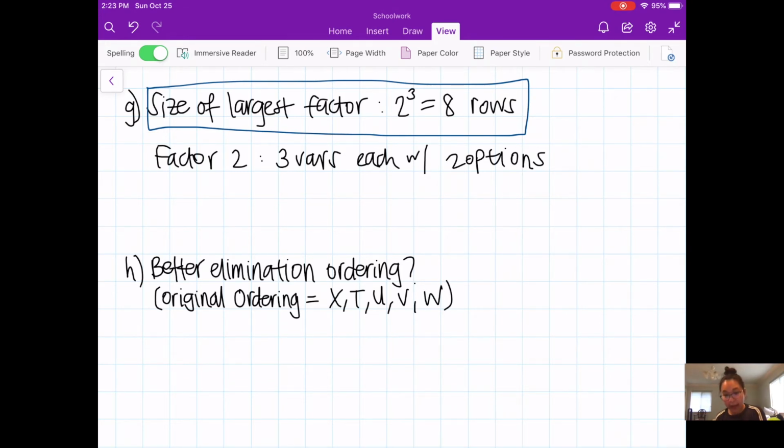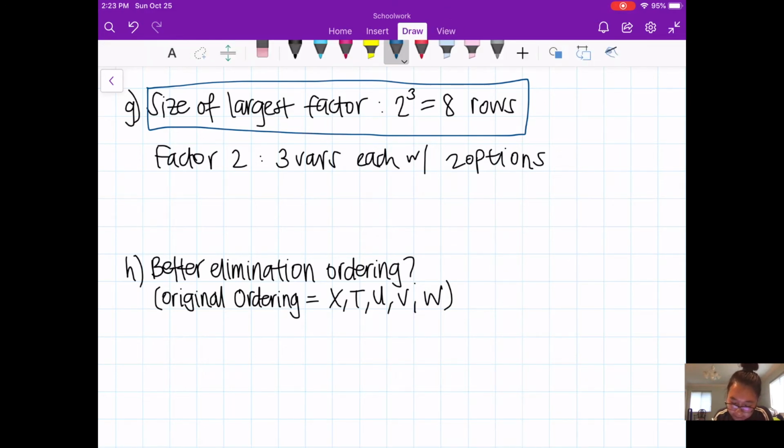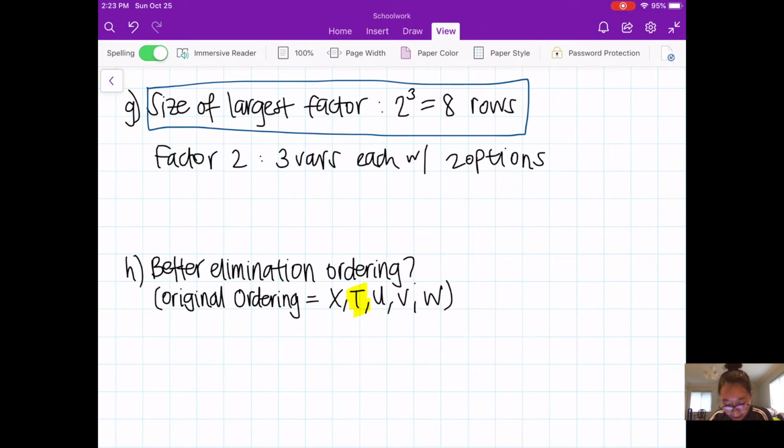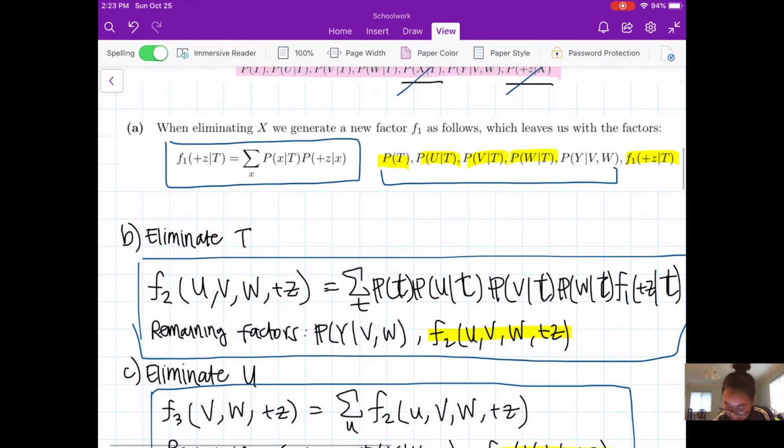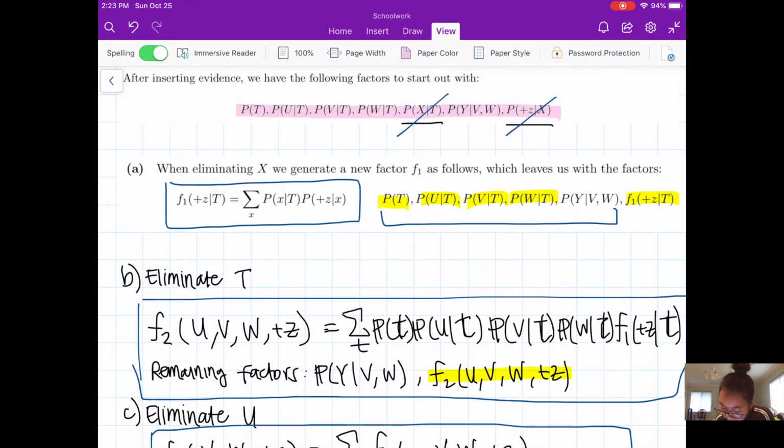And this subpart is essentially asking for what ordering will allow you to do this. So usually when I get these types of problems, how I like to look at it is we already found that earlier it was factor 2 that gave us the largest factor. And factor 2 was given when we eliminated t. So now instead I'm going to go back up to the subpart where we eliminated t and see if there were any other variables I could have eliminated first that wouldn't have expanded my factor so much.